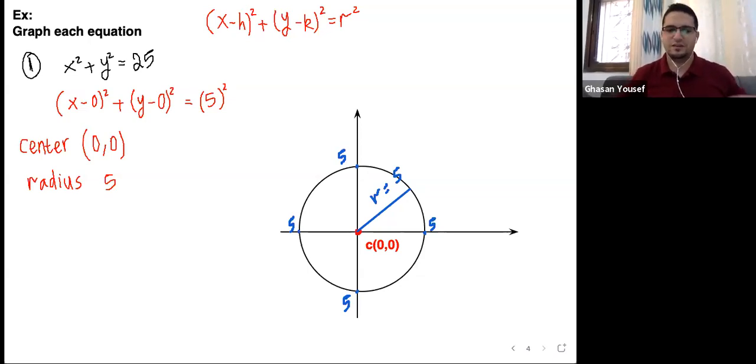Is this clear? Anyone has a question for this one? So you know how to graph a circle of this form.